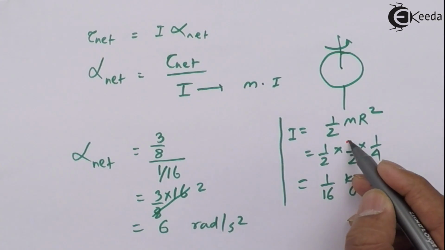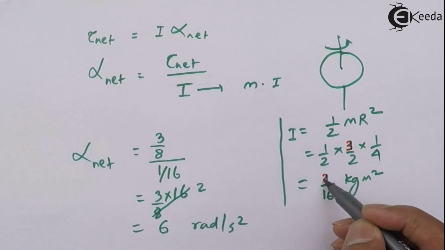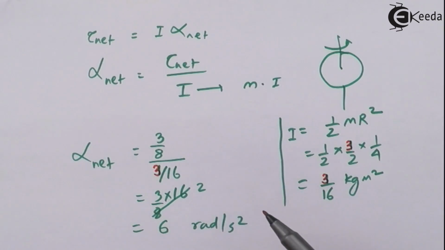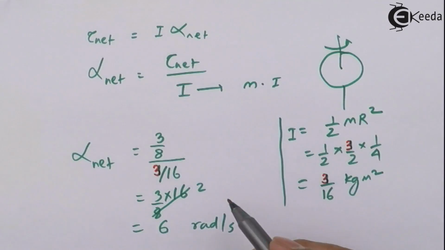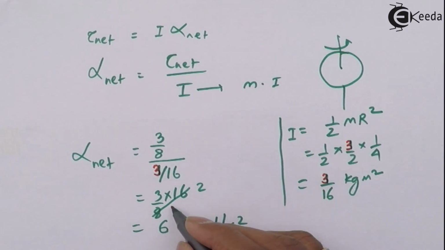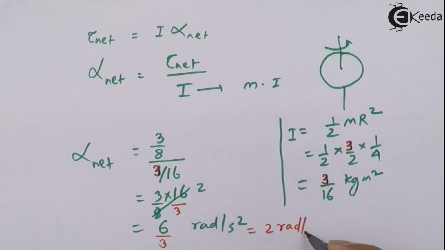So this is actually 3 by 2, so this is 3 by 16. Mass you can see here is 1.5 kilogram. So it will be divided by 3 and divided by 3. So it will be 2 radian per second square.